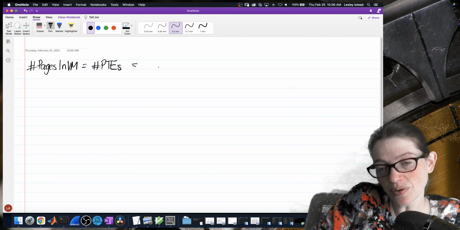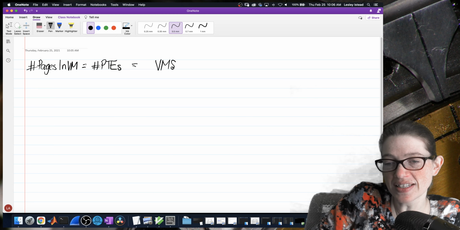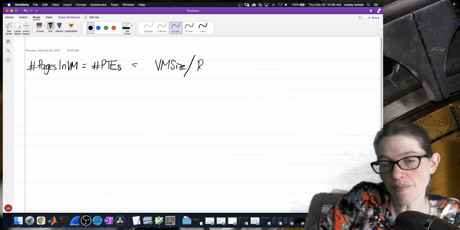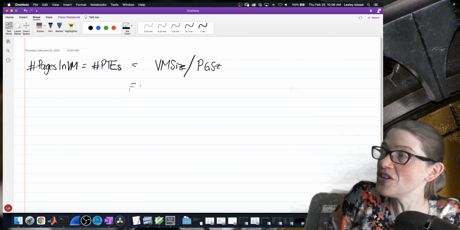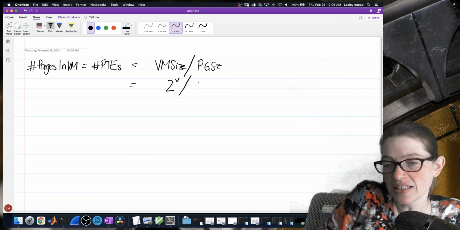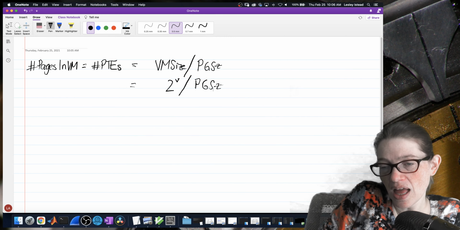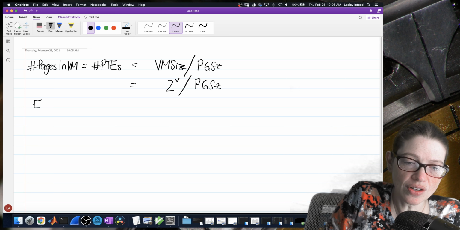And that is equal to the VM size, your virtual memory size, divided by the page size. Let's abbreviate things here. If you use V bits for the virtual address, it's 2 to the V divided by the page size.